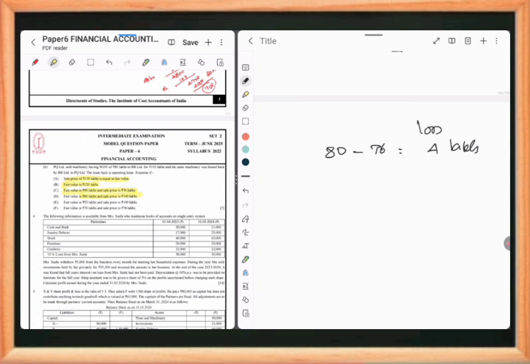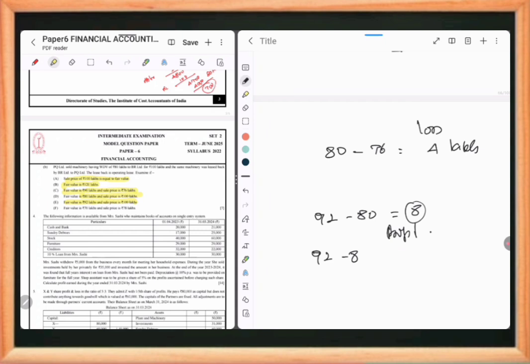And then E, the fair value is 92 lakhs and sale price 100 lakhs. Fair value is 92 and written down value is 80.